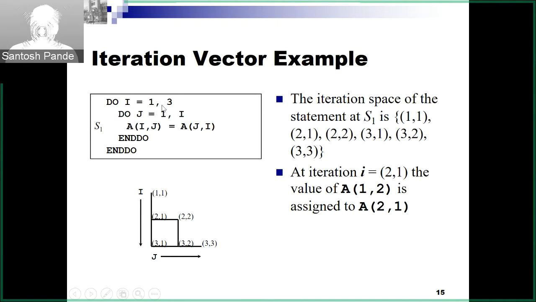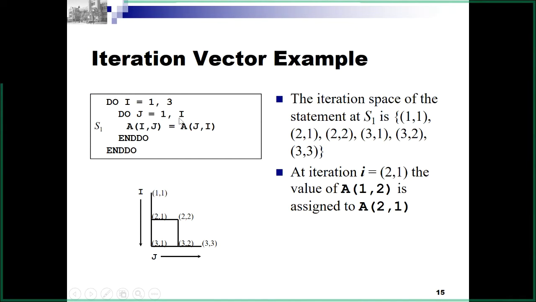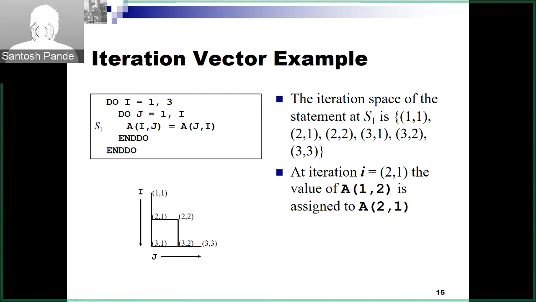Next, the J loop tries to increment, but in this case, it is upper bounded by I. So it cannot go to the J equal to 2 value for the current I equal to 1 value. Because of that, the inner loop terminates.